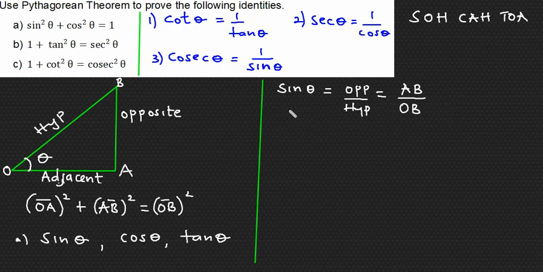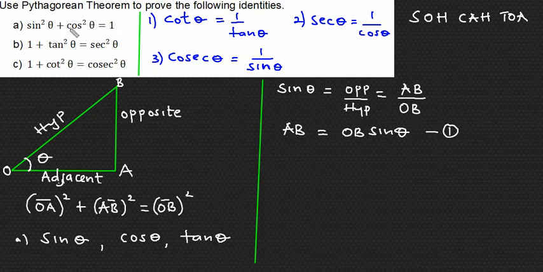So sine theta is AB over OB. Now this side AB, if we cross multiply, is the same as OB sine theta. That is one equation when we are going to derive this.